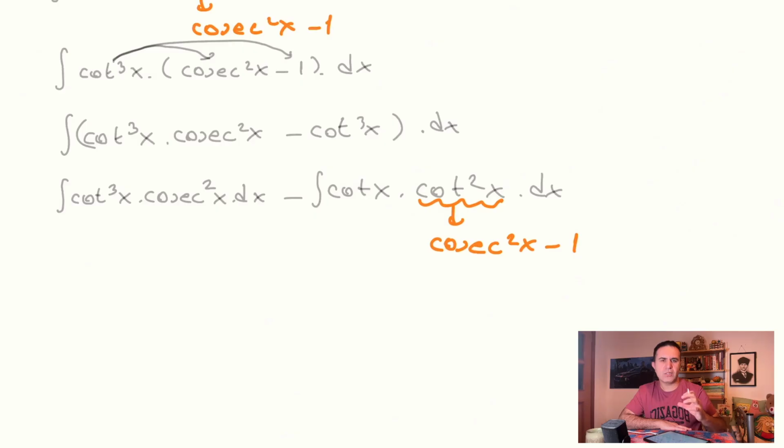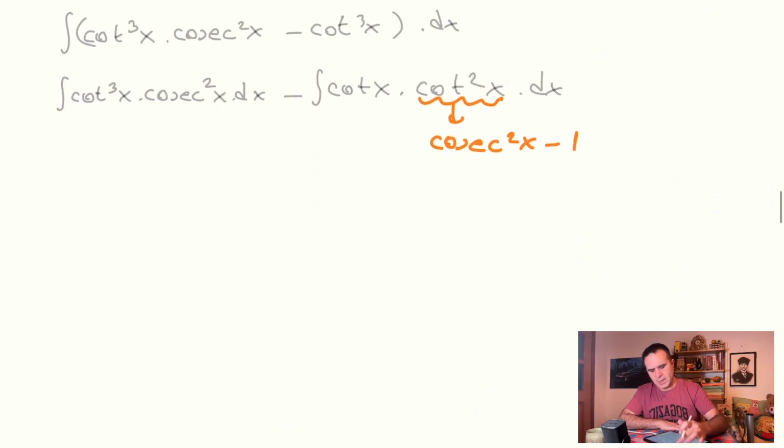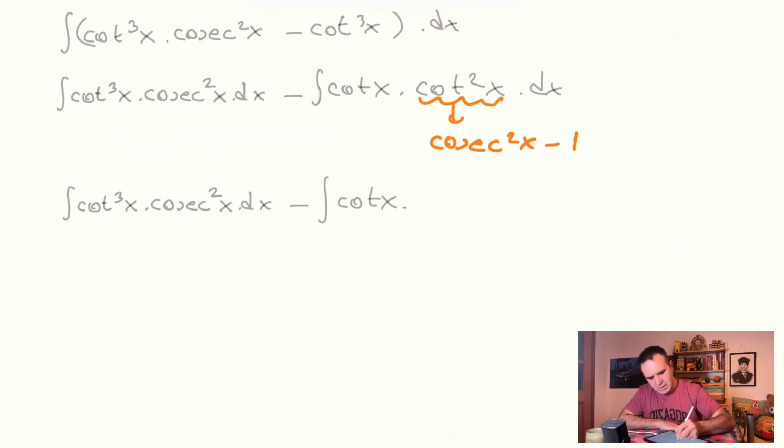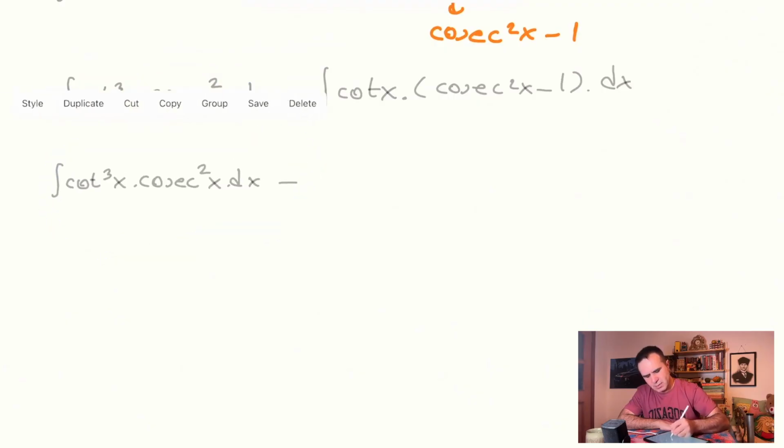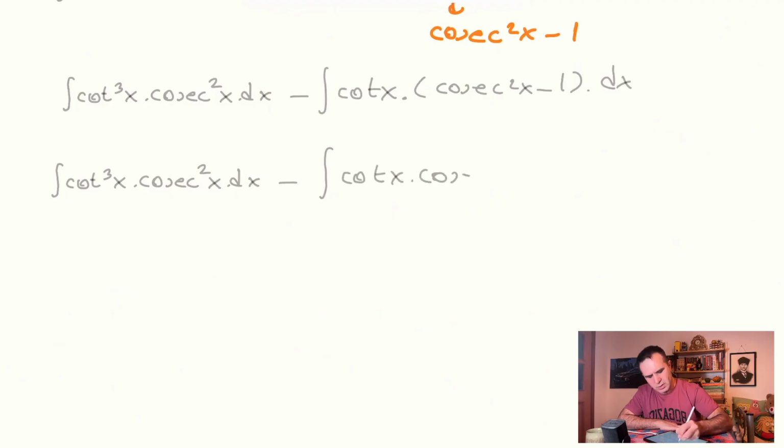This is called reduction. Okay, then the integral becomes, take this down, the integral of cotangent x times cosecant square of x minus 1 dx, and this is equal to, again, minus the integral of cotangent x times cosecant square of x minus cotangent x dx.